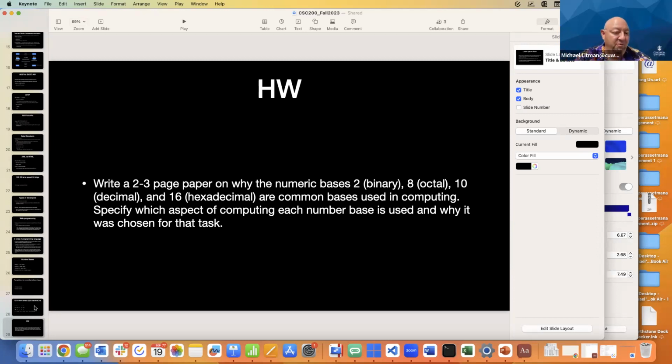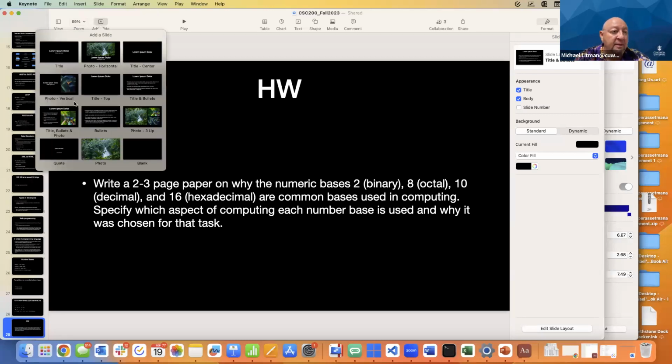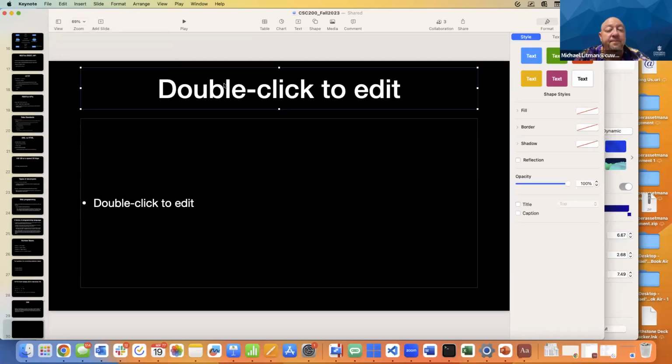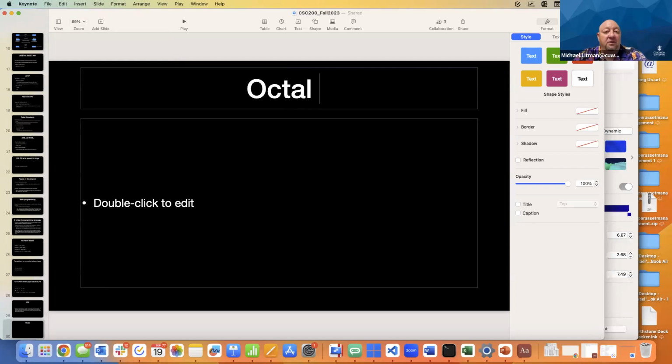Now, I'll just show you really quick here. This is the octal binary map.